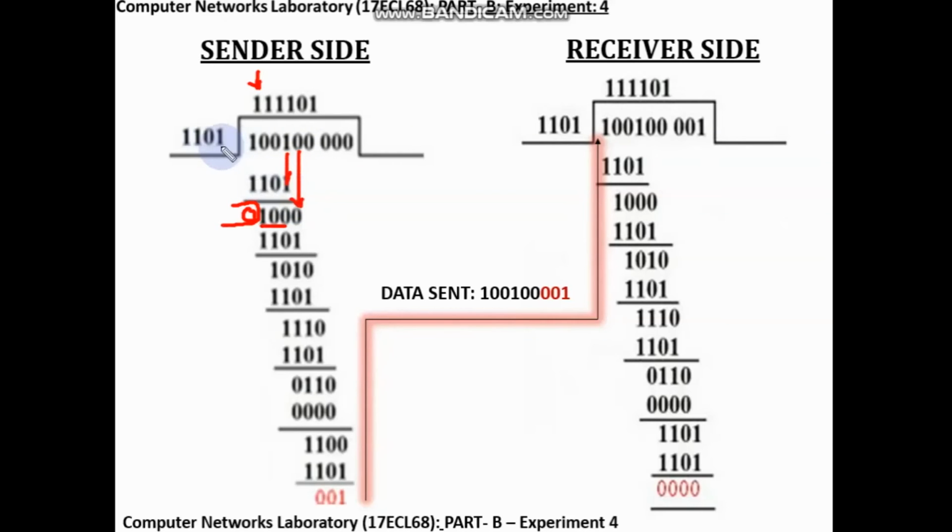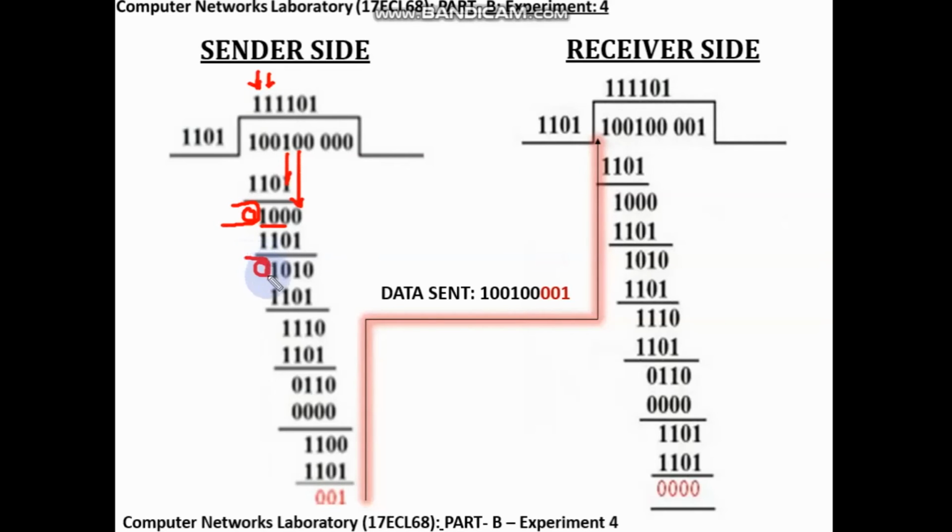and a similar procedure is carried out again for this one. Again do the XOR operation, 0 1 1, 0 0 0, 0 1 1, 1 1 1 XORed with 1 is 0.